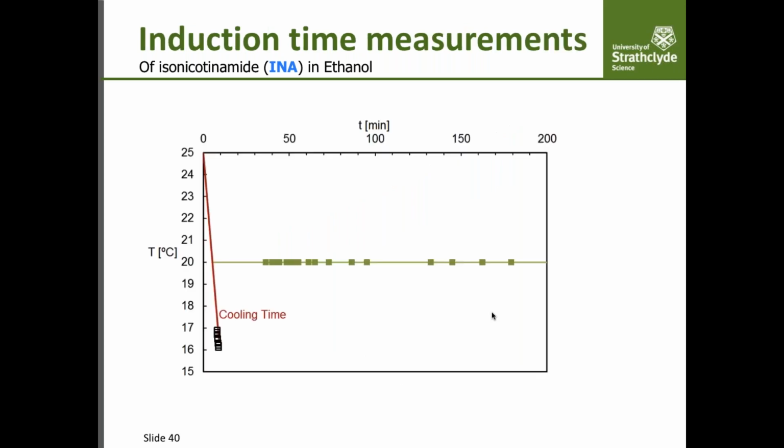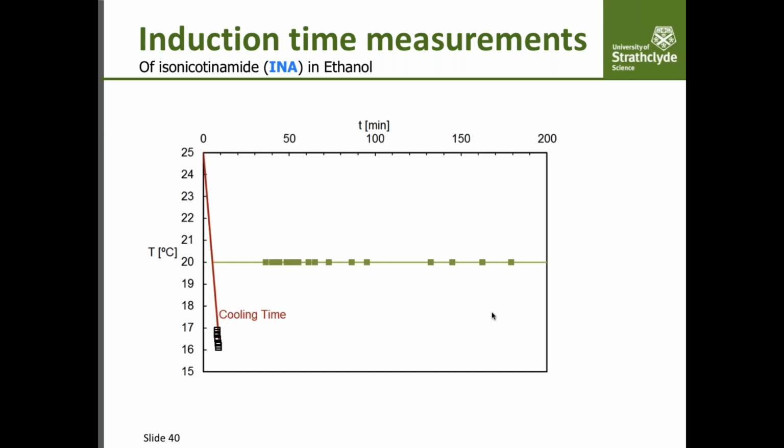So that is also shown here, where the temperature is plotted against time. The red line is, say, we constantly cool down, and we have a saturated solution at 25 degrees. If we cool that solution down to 16 degrees, we will detect crystals.